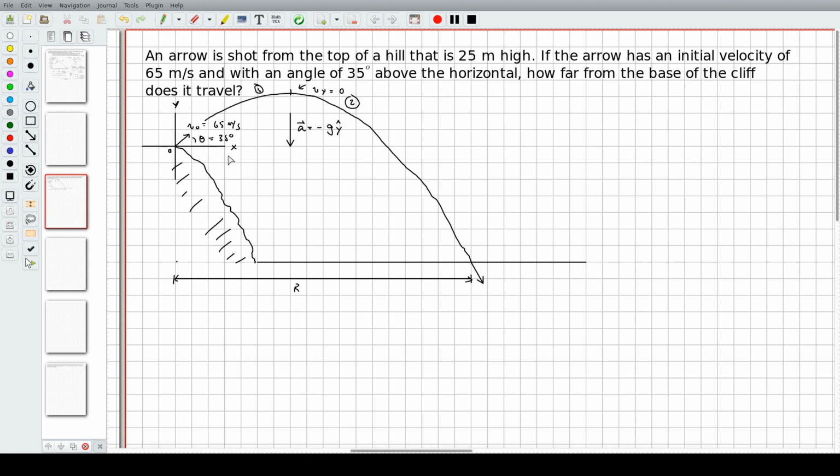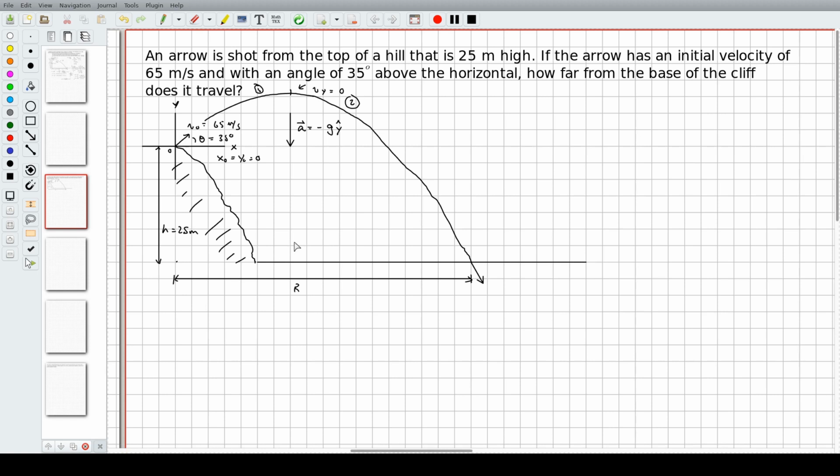We're starting off from the origin, obviously, so x naught and y naught are 0. We do know that our hill has a height. This right here is 25 meters high. I think that's about it.